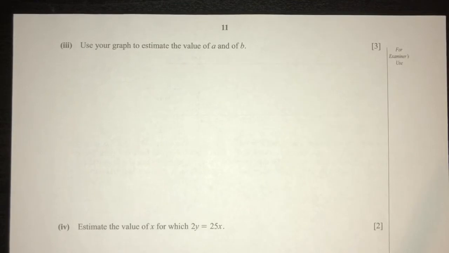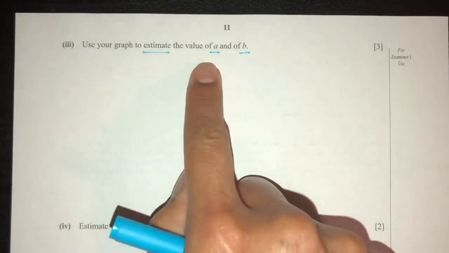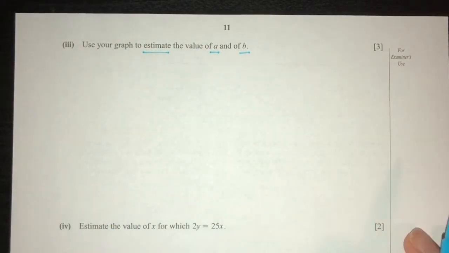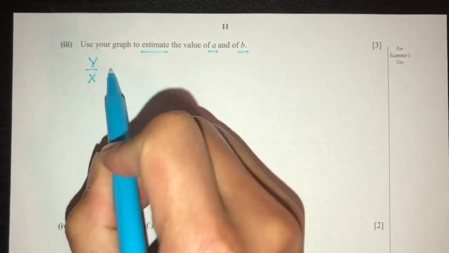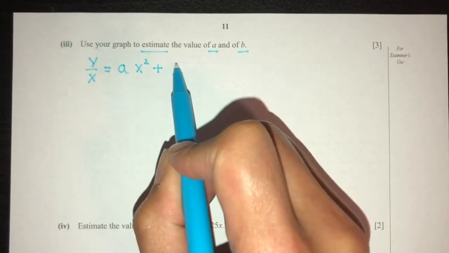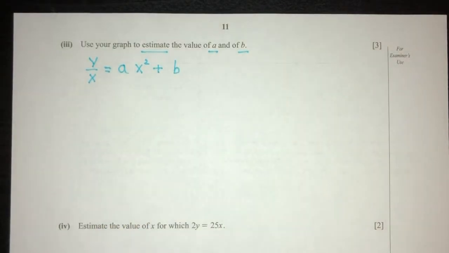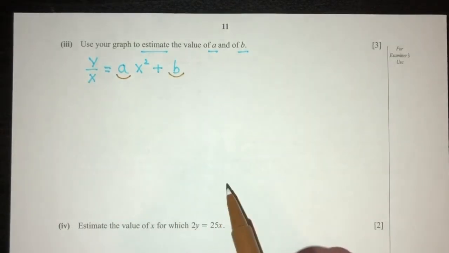Here we have: using your graph, estimate the values of a and b. Now to know the values of those, you have to look at your equation. Your equation is y over x equals ax squared plus b. As you can see, this is your gradient and this is your y-intercept.